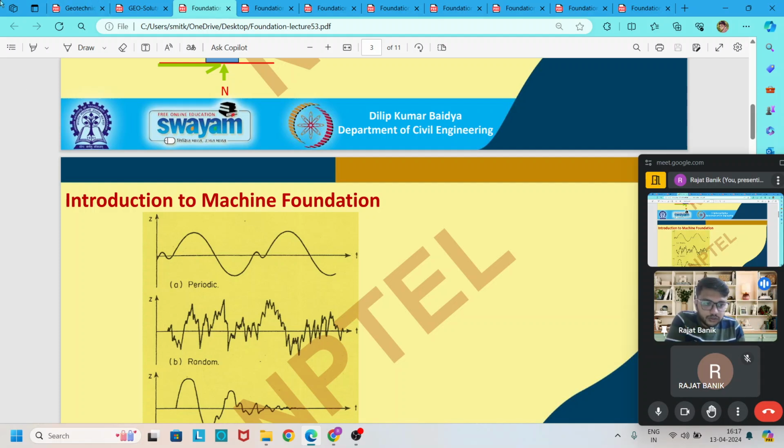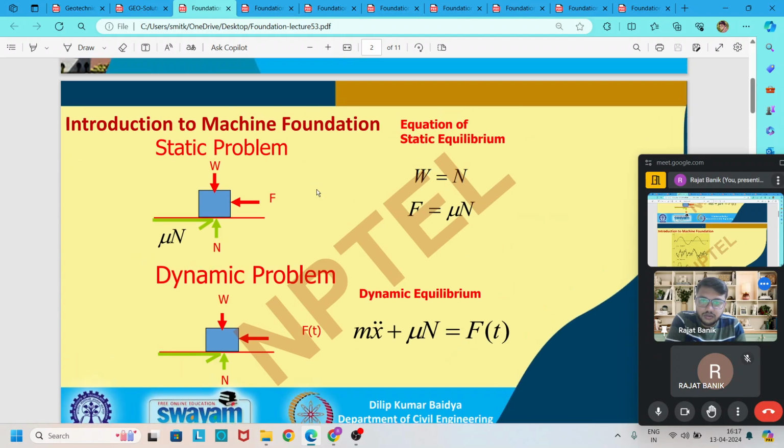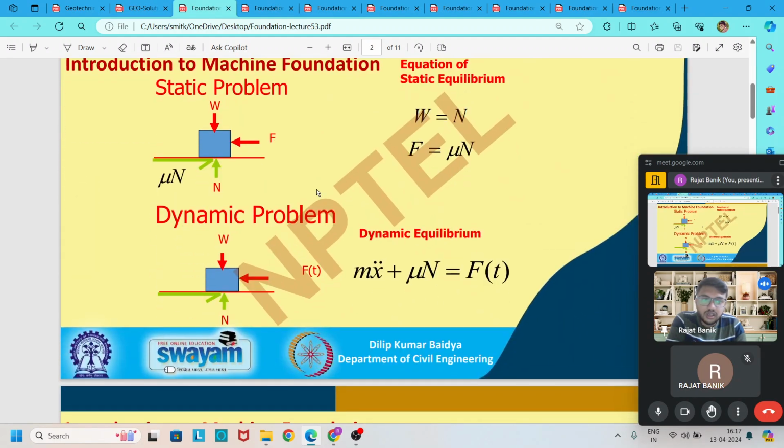Let's start with the discussion of the previous week's lectures of Foundation Engineering. In dynamics of foundation, in the previous week we discussed the difference between the static problem and the dynamic problem. In a static problem, we just use force equilibrium; there is no inertia force.